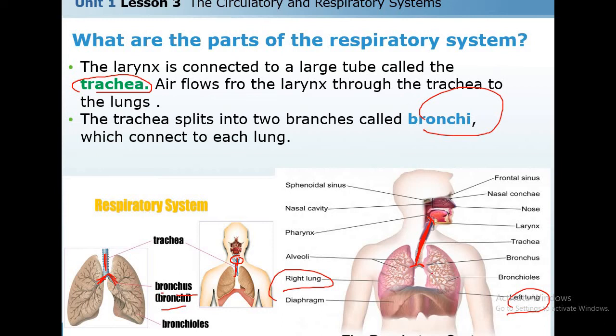So the larynx is connected with a large tube called the trachea, and the trachea branches into two tubes called bronchi, each connecting to the right lung and the left lung.